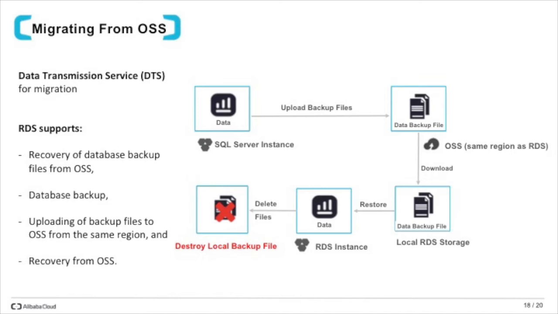The RDS management system downloads files from OSS to the instance local disk and then restores to RDS. After that, the RDS management system deletes the local backup files, which is 100% compatible. All the RDS SQL Server editions have this function to migrate.